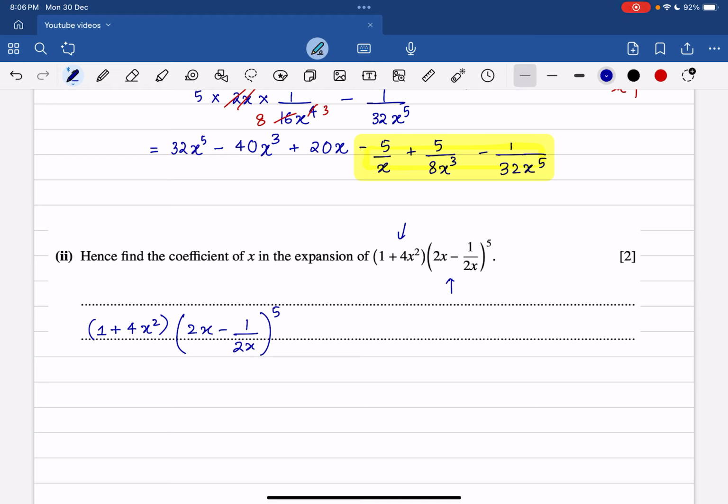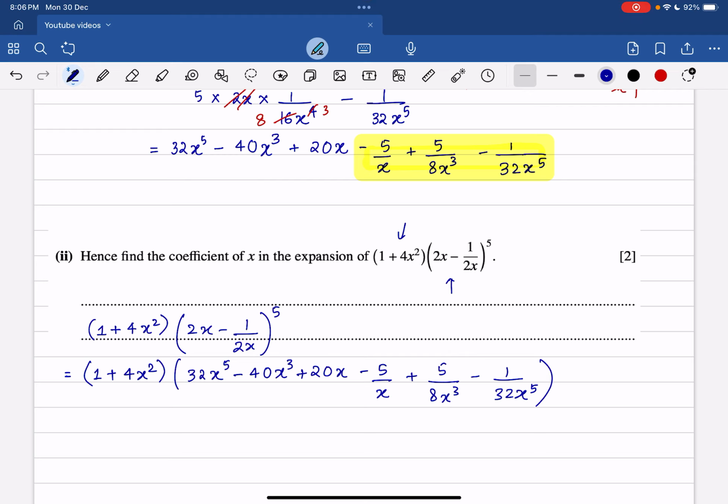In the next step, 1 plus 4x squared, and I'll write the expansion: 32x raised to 5 minus 40x cubed plus 20x minus 5 over x plus 5 over 8x cubed minus 1 over 32x raised to 5.